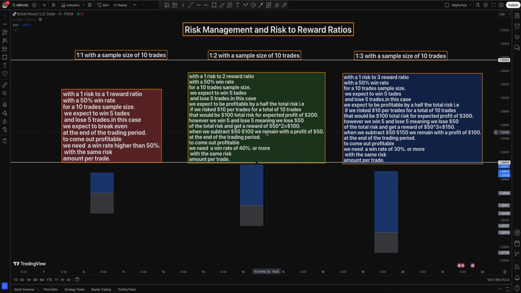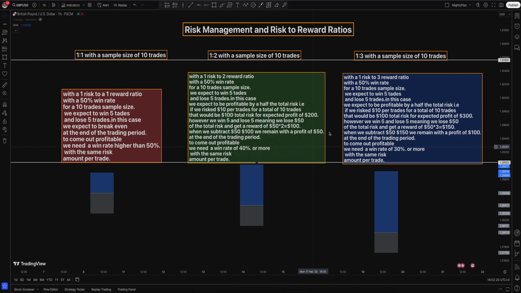That's how you're setting your risk to reward, which means the $50 which you got from the 5 wins, okay? The risk of $50, you multiply it twice, you get $100. Now your total reward will be $100 minus the $50 that you lost.